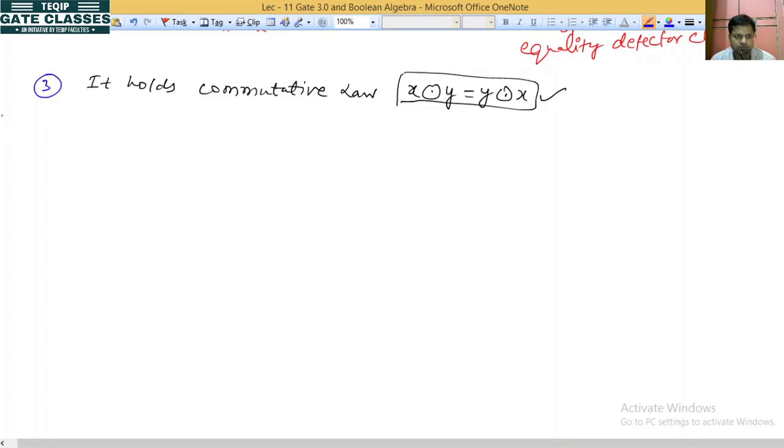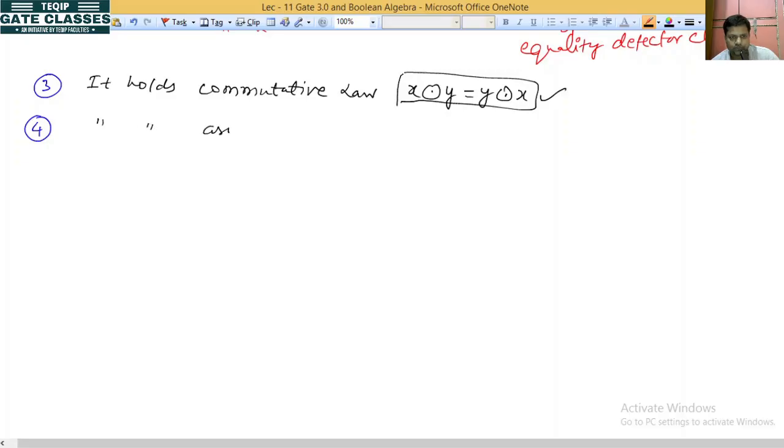Now the next point, the fourth point: it holds associativity also. Suppose I have three inputs x, y and z. First we perform XNOR of x and y, then the result is XNORed with z.